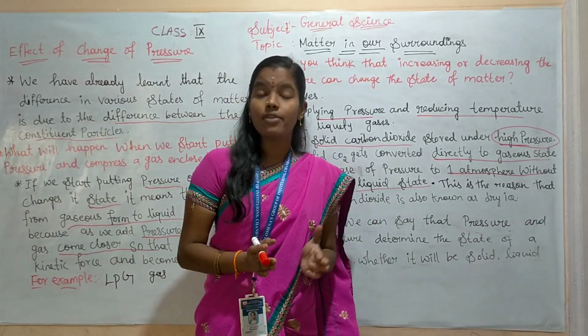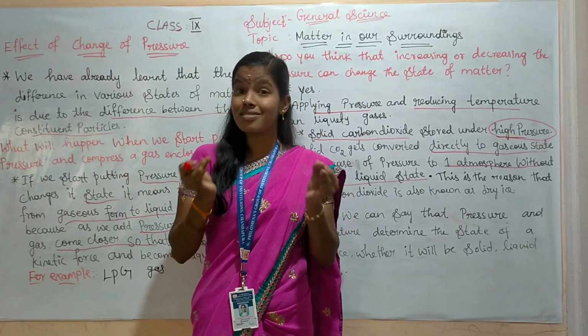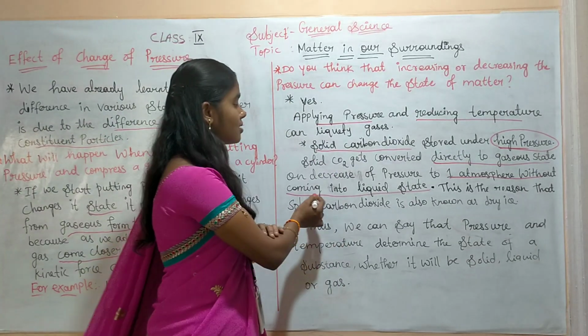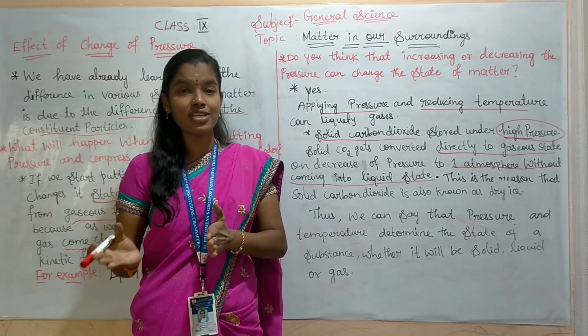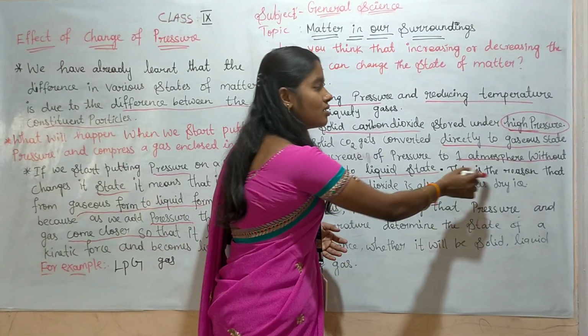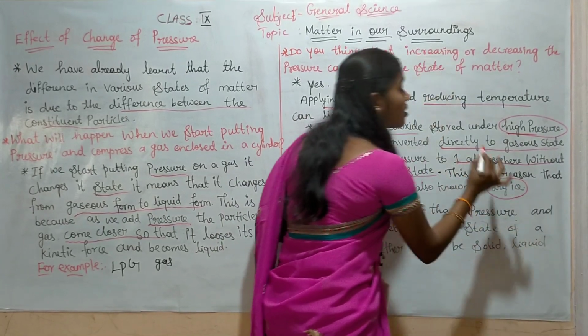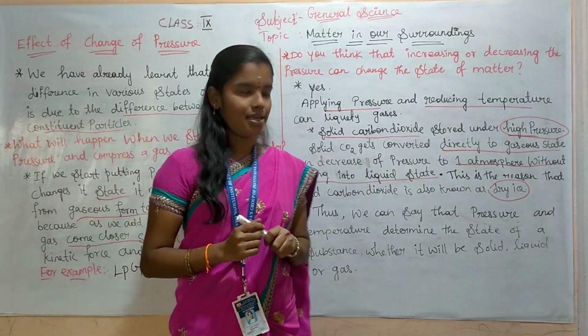So if we reduce the pressure, it will automatically change to the gaseous state without passing through the liquid state. This is the reason that solid carbon dioxide is also known as dry ice.